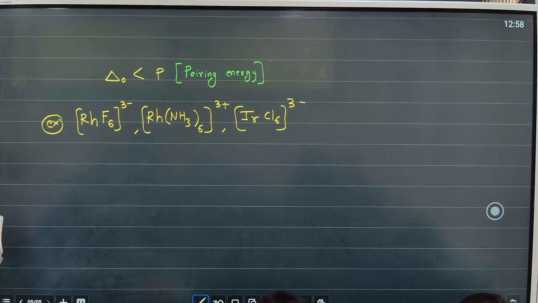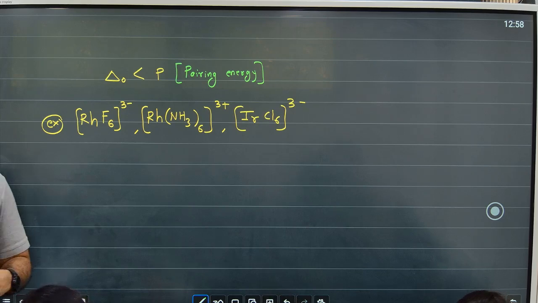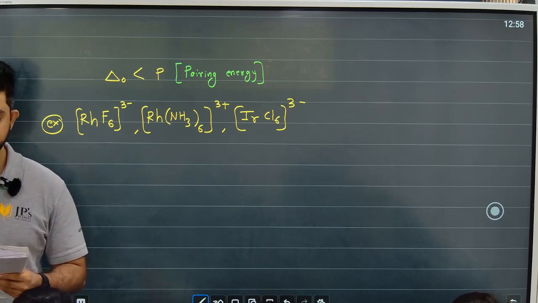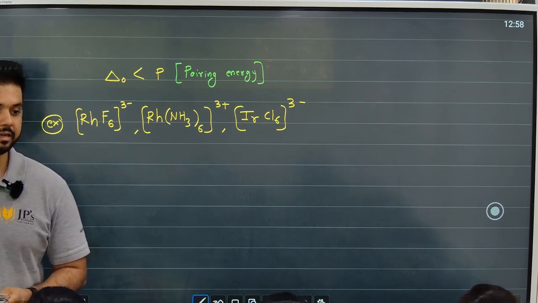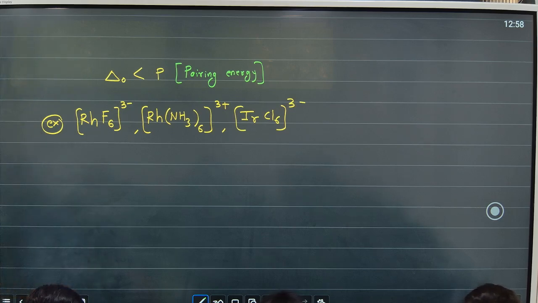You have just started. So this was CFSE in octahedral complexes. Please write down: crystal field splitting in tetrahedral complexes.